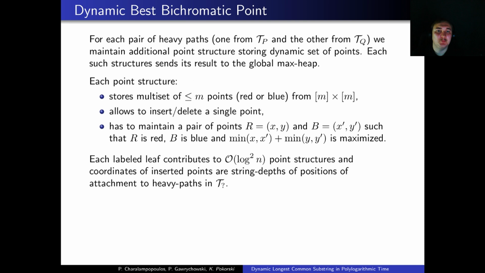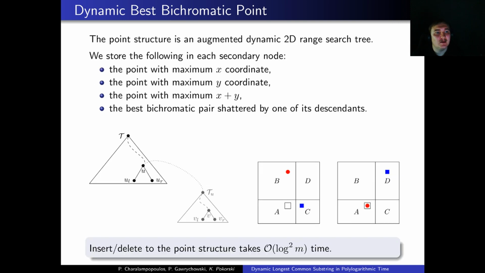So we only keep point structures that are non-empty. We have a hash map of pairs of heavy paths, and inside we have a point structure. The goal is to find the best bichromatic pair of points that gives us the highest total of LCP of left parts and LCP of right parts. This is simply an augmented dynamic 2D range search tree that maintains several pieces of information to be able to provide us this best bichromatic pair.